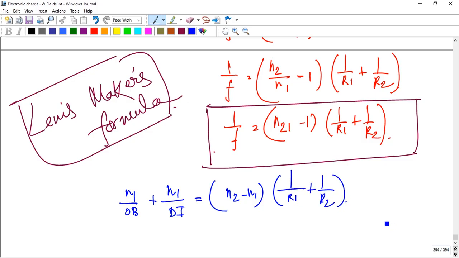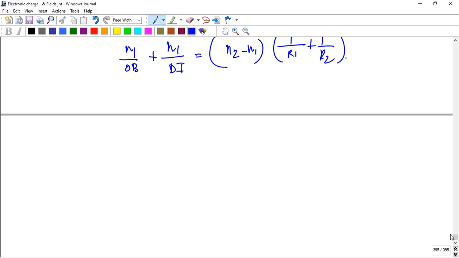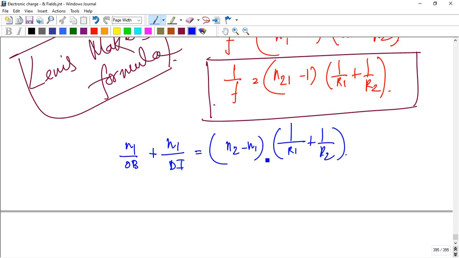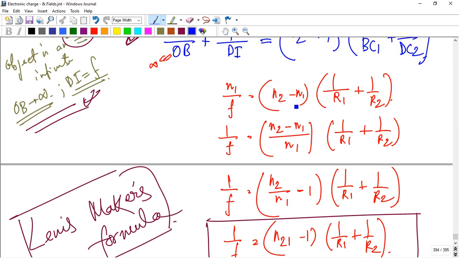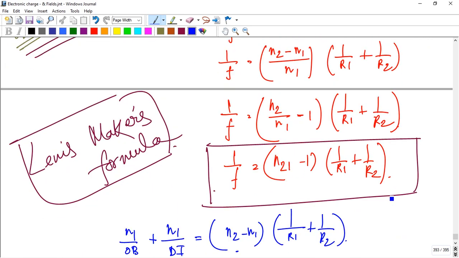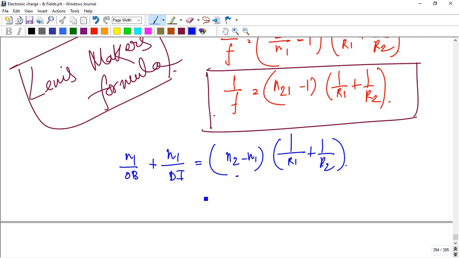And you see this expression, N2 minus N1 times 1 by R1 plus 1 by R2, is N1 by F. So you put it here, equal to N1 by F.